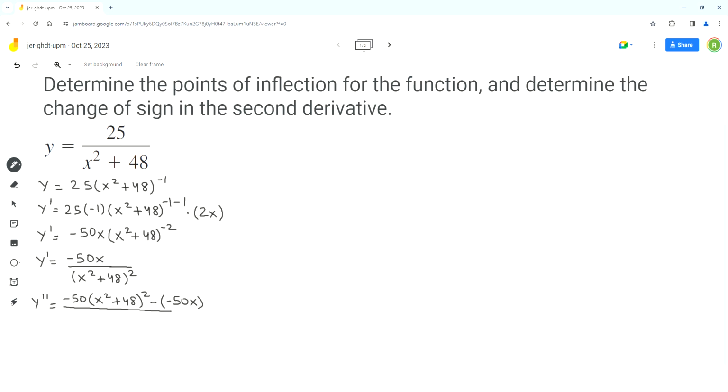For that we'll have to use the chain rule. We start with the derivative of the outer function, so we move the exponent 2 to the front and subtract 1 from the exponent, times the derivative of the inner function, x squared plus 48. So the derivative is 2x plus 0, and we can ignore the 0, over the square of the denominator.